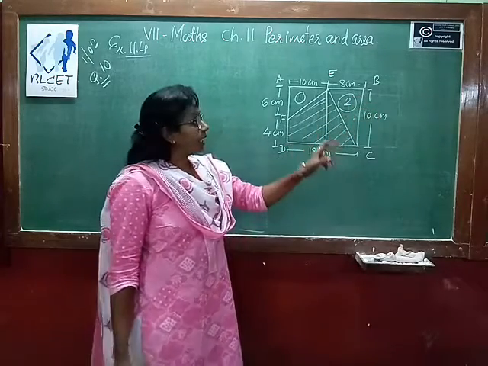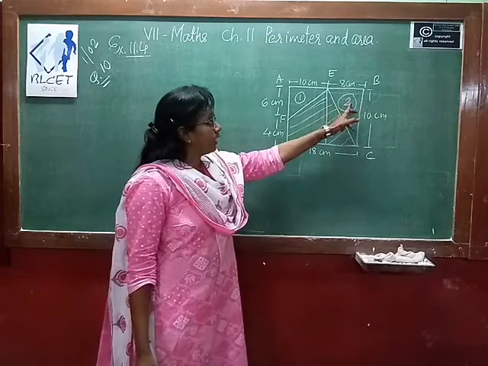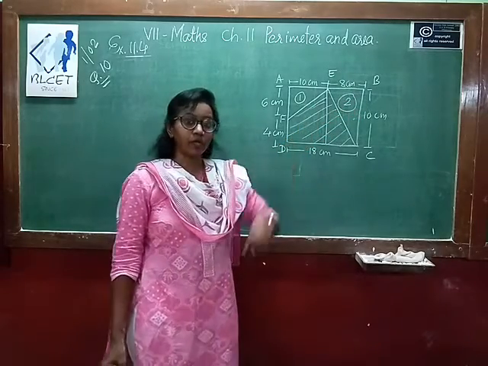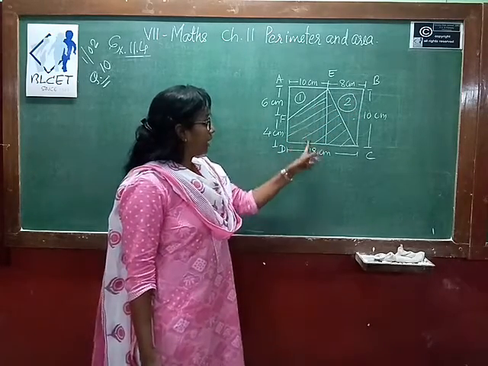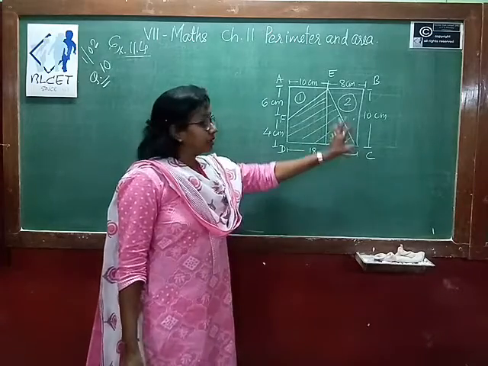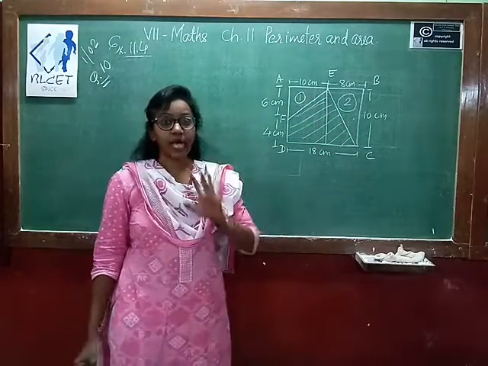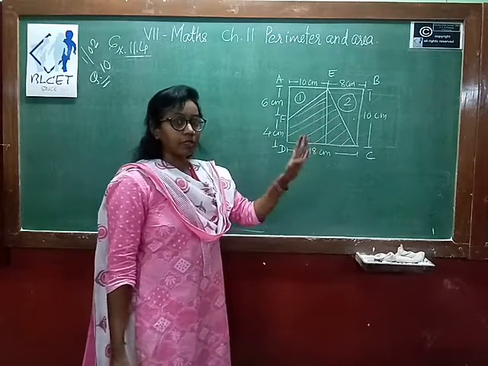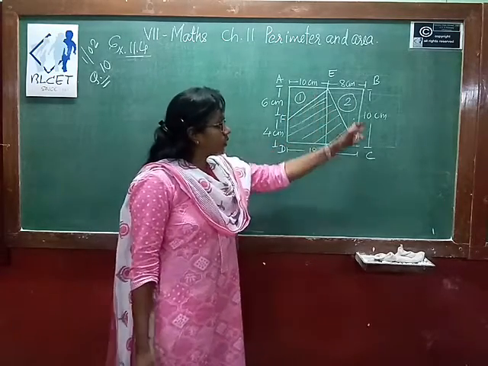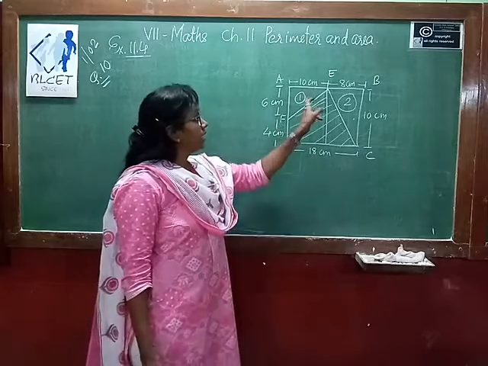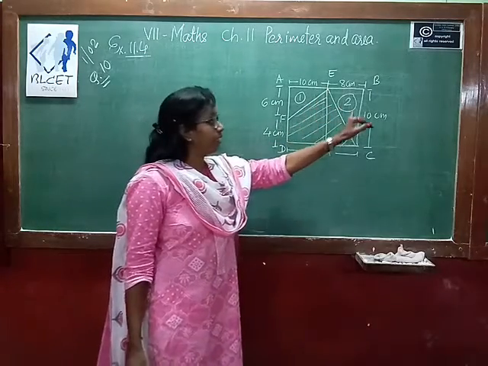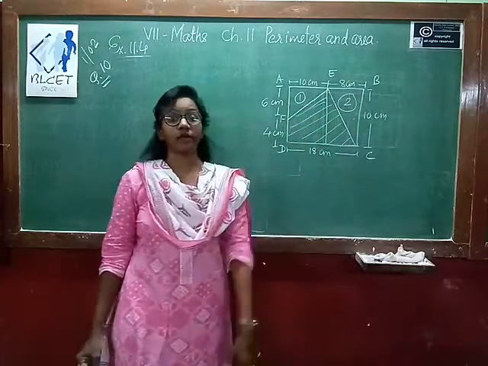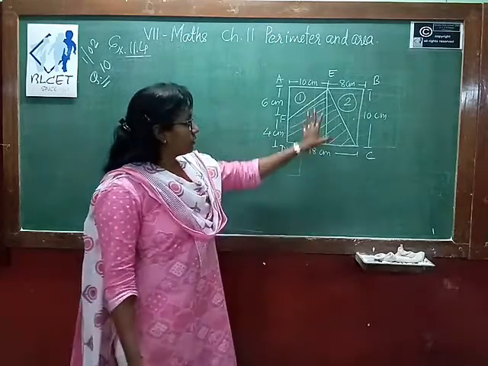Then we subtract the sum of the areas of these two triangles from the total, so that we get the area of this portion. This is not in a particular shape, so directly we cannot find the area of the shaded portion. In place of that, we find the total area minus area of one triangle minus area of the other triangle. This way we can find the area of the shaded portion.